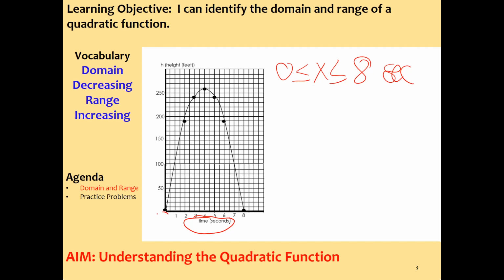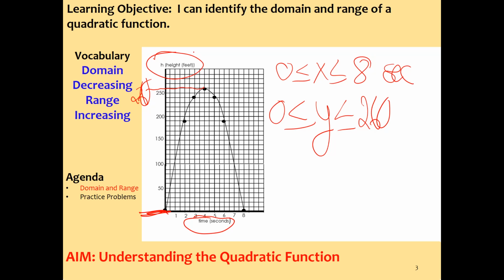So you go to the y and you look here at 0 and all the way to the top. I have to see what it's going by. So it's going by 50. I believe it's going by 10. So this would be 260. So I would write 0 to 260, and that's in feet. It's important to identify those things.